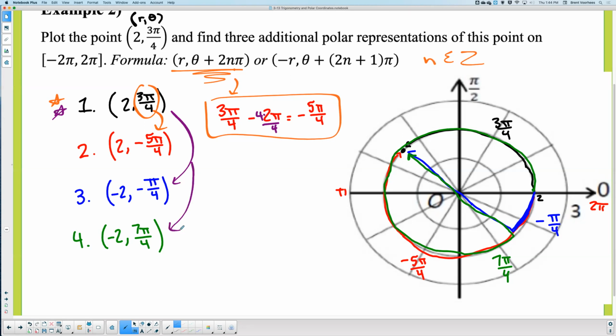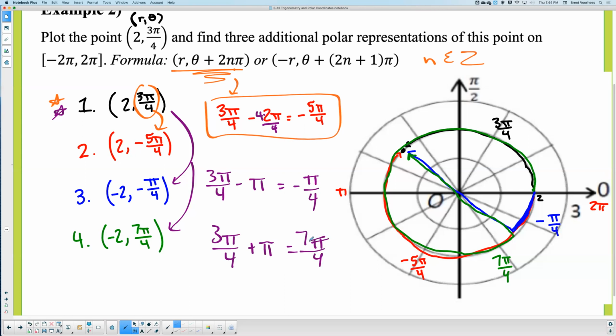Notice both the r's went negative. This first one would be subtracting 1 pi, which would give you negative pi over 4. And the second one would be taking 3 pi over 4 and subtracting 3 pi. No, it would be adding 1 pi, I'm sorry. That would be adding a pi. And that's how we could get all 4 points.